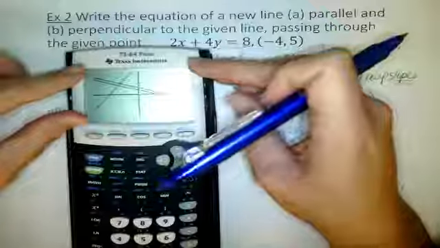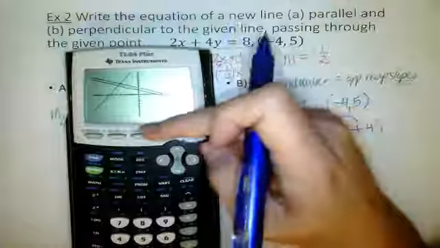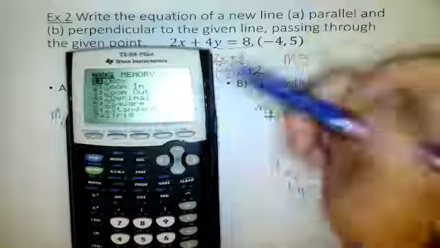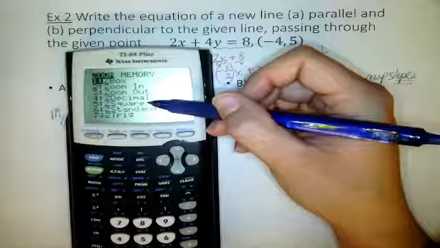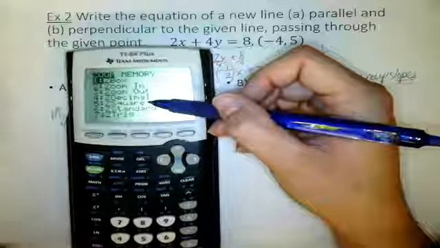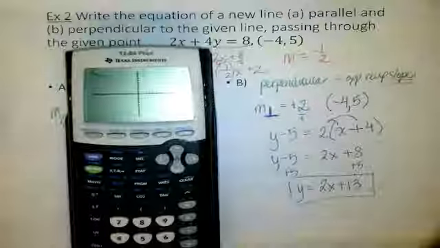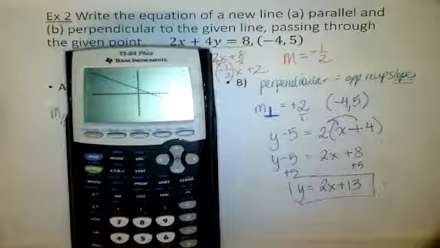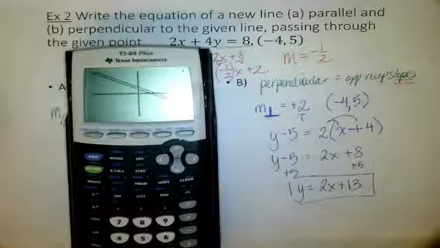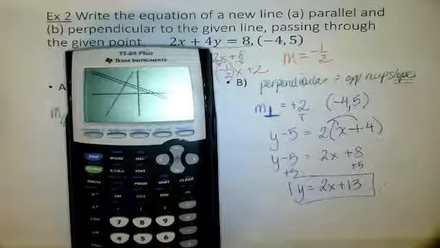So I have a lovely tool on here, Zoom Square. Zoom Square makes the ratio of each little unit, the length unit and the width unit, the same so that it is a square. That looks better, right? That looks more like perpendicular lines. All right, Zoom Square.